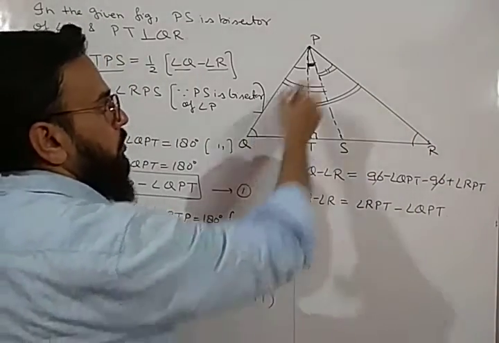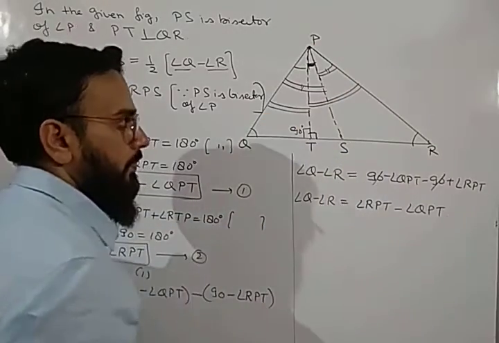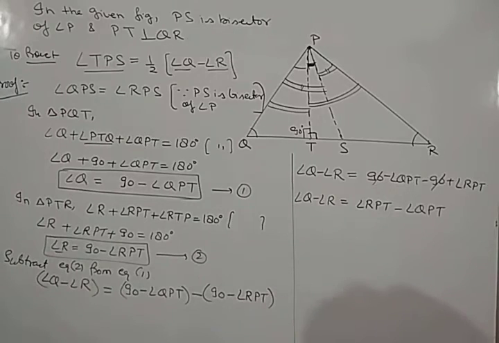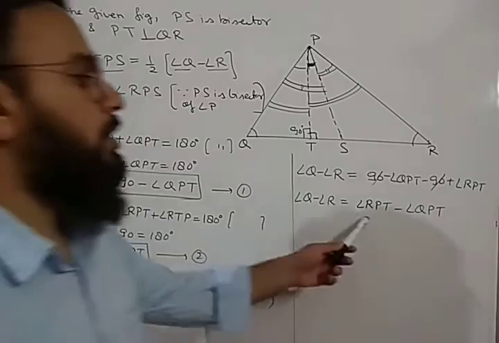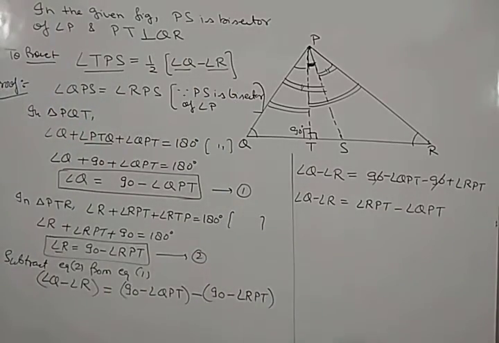QPT is this angle. But we have to convert it in terms of TPS. So how can we convert these two terms in terms of TPS? That is the most important thing.